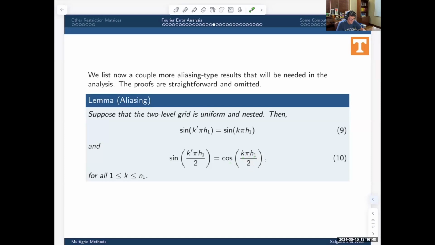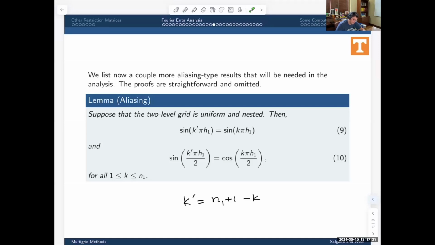All this involves is inserting the formula for the reciprocal wave number, which for us, at least in this section, is n1 plus 1 minus k. So just insert that formula, use the sine angle summation formulas, and you get these results coming out.